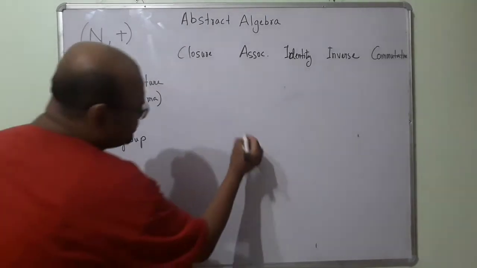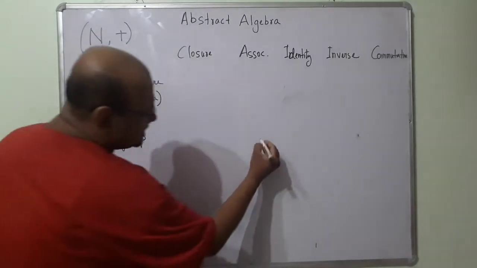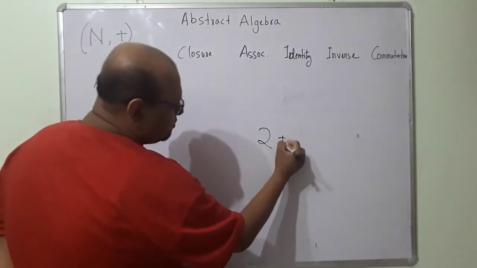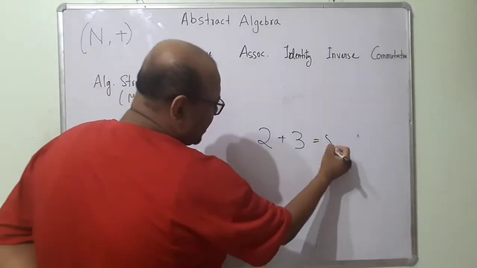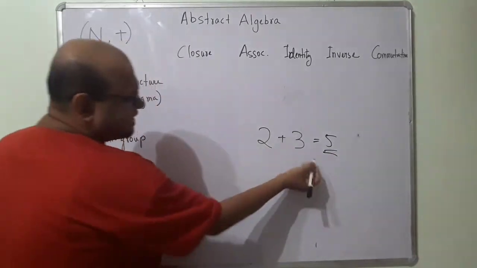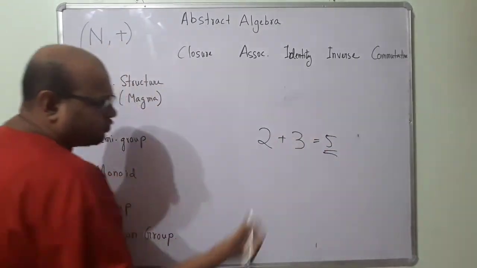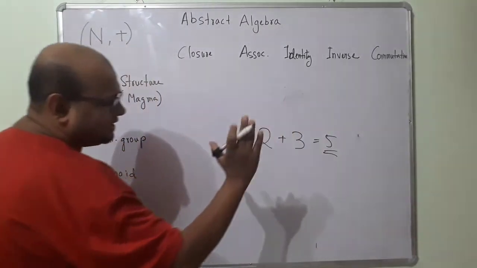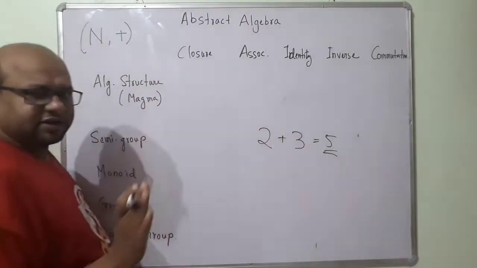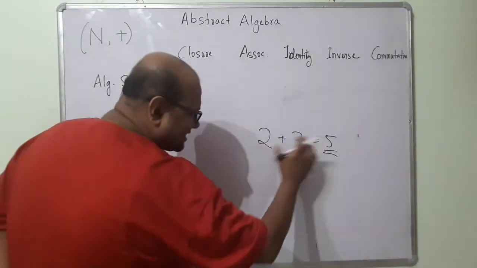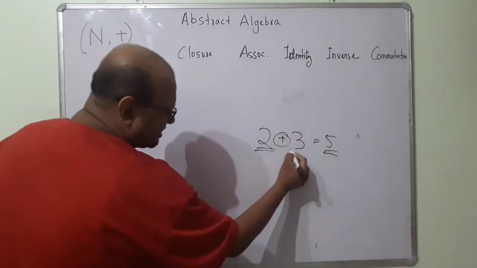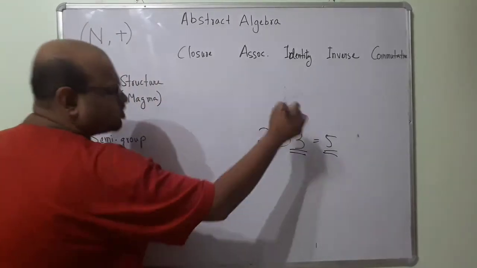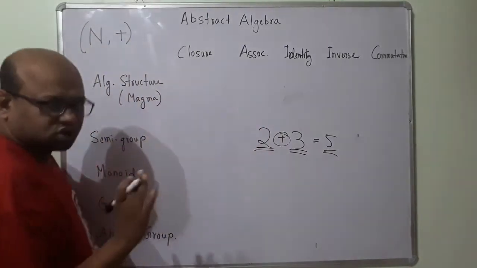For example, take natural numbers and addition. I have 2 plus 3. Both of these are natural numbers. When I add them, I have 5. When I add two natural numbers, my output is going to be a natural number. So this set under this operation is closed.